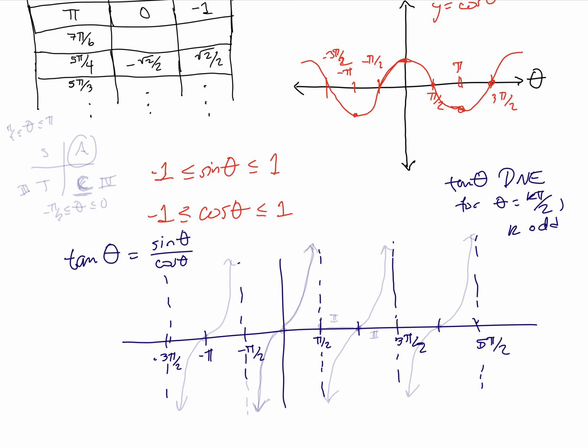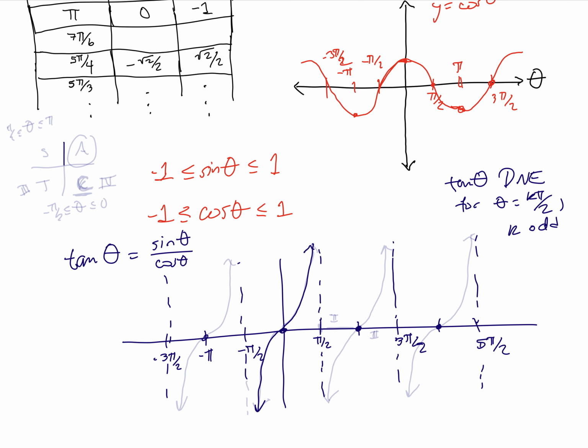Okay, what else can we figure out about tangent? Well, we saw that sine of theta is 0 for every integer multiple of pi. So since tangent is sine over cosine, it's 0 over 1 or negative 1 in each of those cases. And so we're going to have a value of 0 for each of those. And then what else do we know?